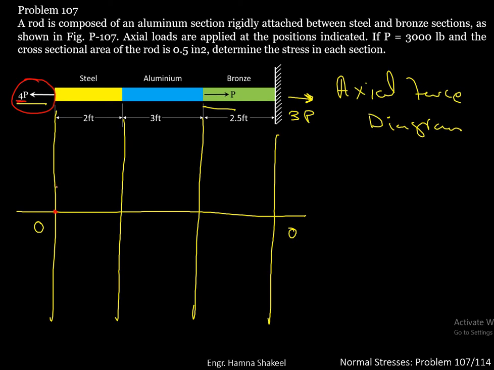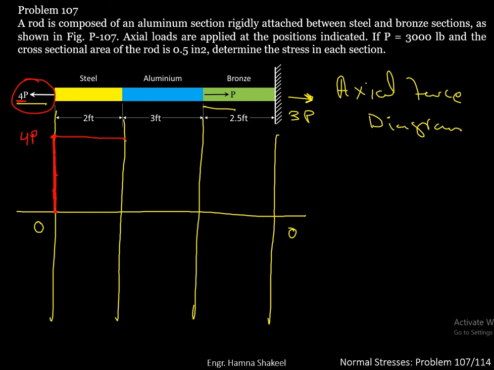Starting from 0, you can go 1, 2, 3, 4 units upward. So you have got a force of 4p at this left side. In the whole steel section, there is no other force acting. So you will have the same 4p force acting on this steel section.